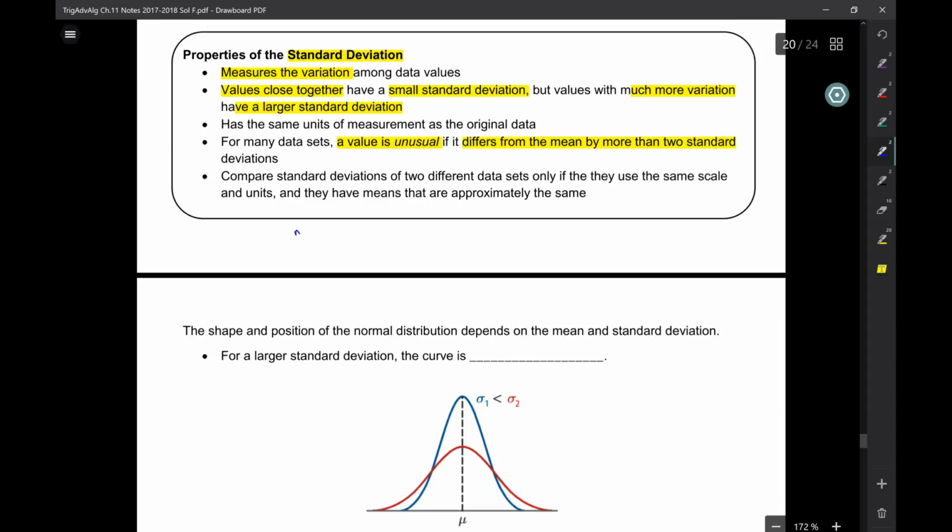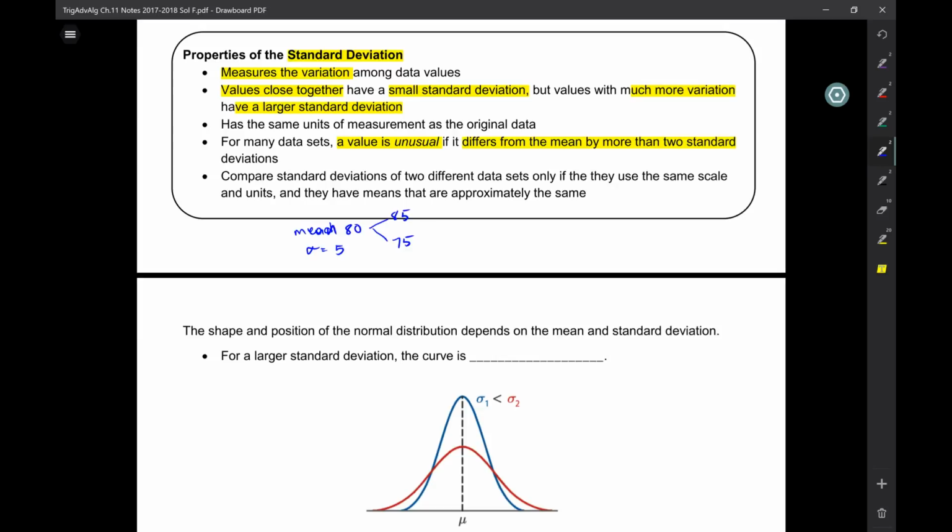That means most of the scores are between 75 and 85.